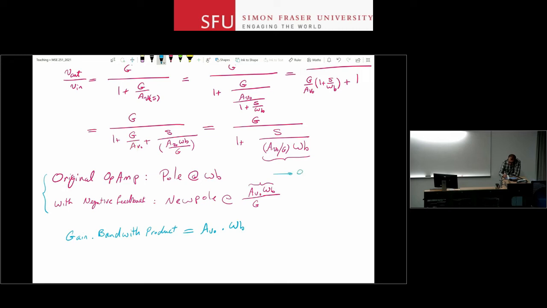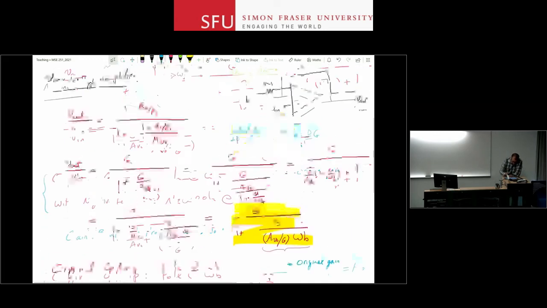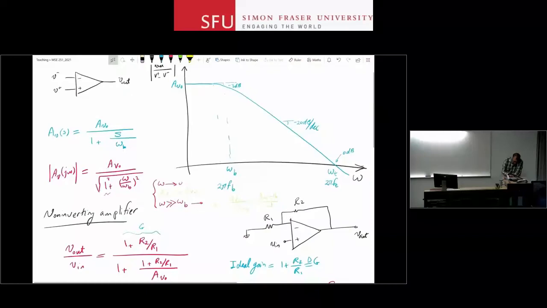So the original gain was AV naught, right? That was my low frequency gain. If I look at this transfer function here, my low frequency gain is now G, right? The original transfer function is up here.